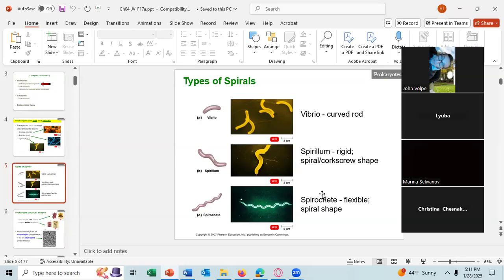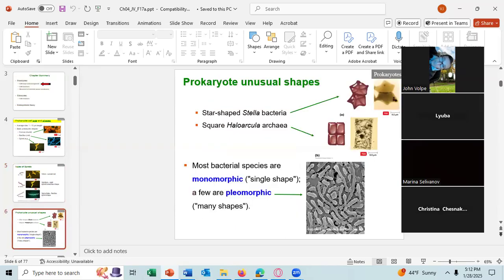The spirochete is more flexible and malleable. And then, of course, the spirochete has many S shapes or many bends to it. These are different species that form a spiral and a spirochete, but we lump them together as altogether a spiral for the three basic shapes.